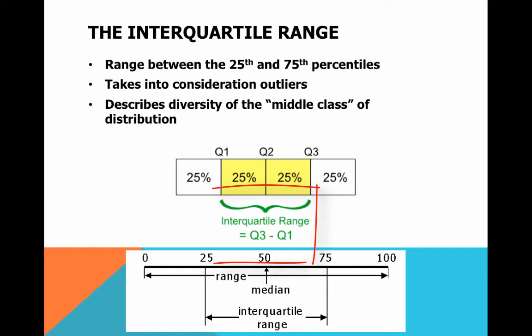The interquartile range is equal to Q3, also known as the third quartile, also known as the 75th percentile, minus Q1, also known as quartile 1, also known as the 25th percentile. So how do we calculate the interquartile range, knowing that the interquartile range, also known as IQR, equals Q3 minus Q1?